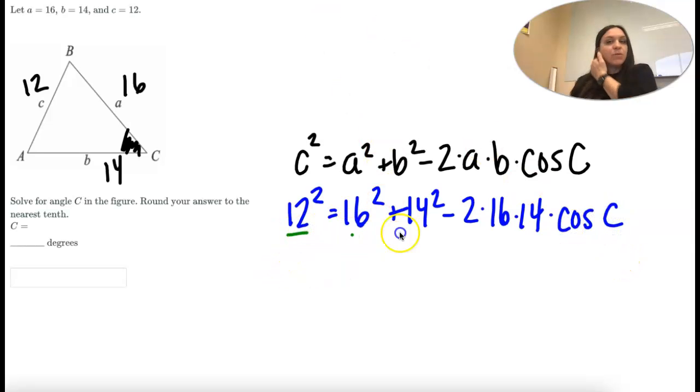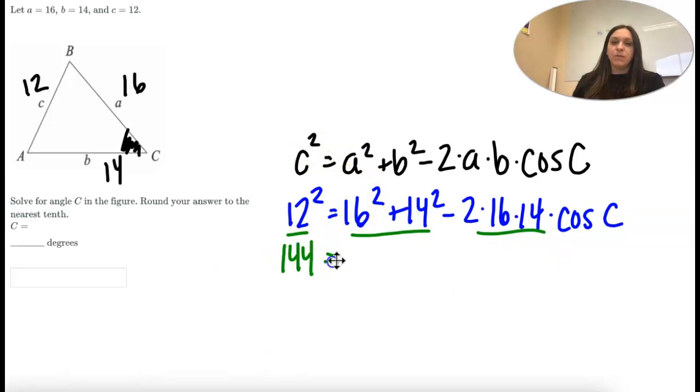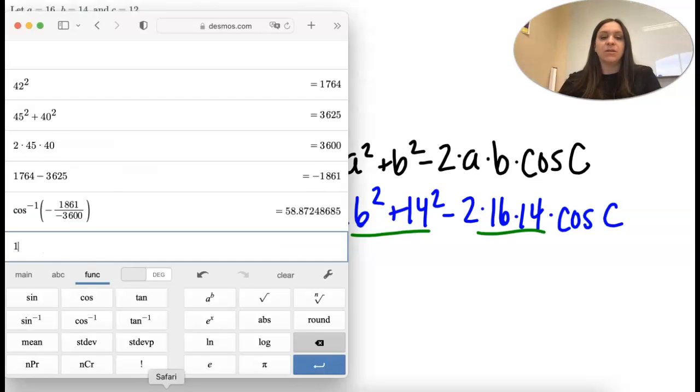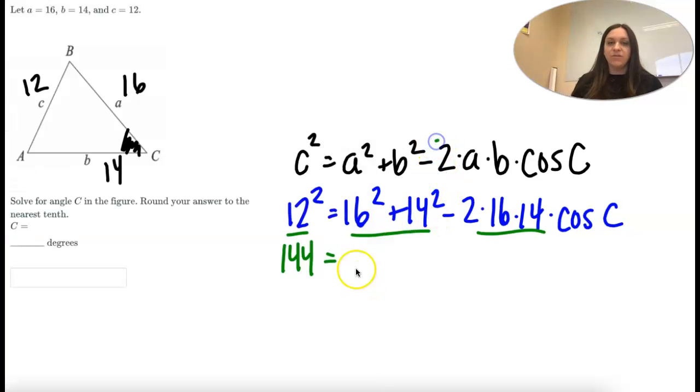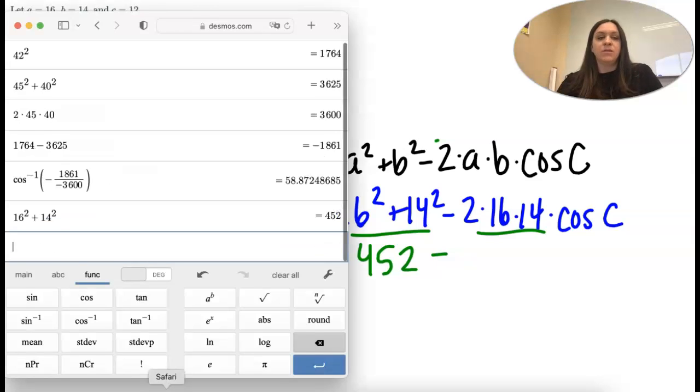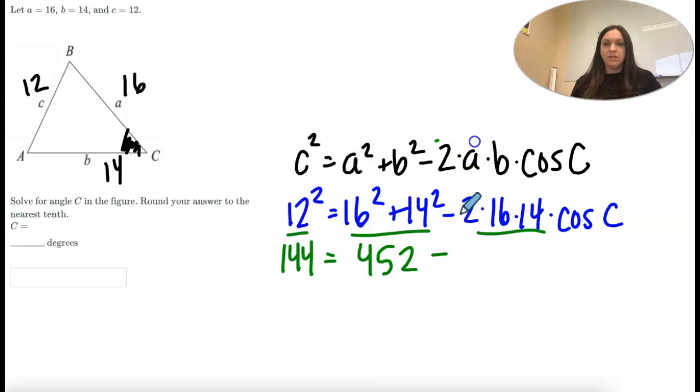So now I'm going to get some numbers for all this stuff. 12 squared is 144. I know that. 16 squared plus 14 squared is 452 minus 2 times 16 times 14 is 448 times cosine of C. So remember, we're treating this like an X. I can't subtract 452 minus 448 because it's being multiplied by something.